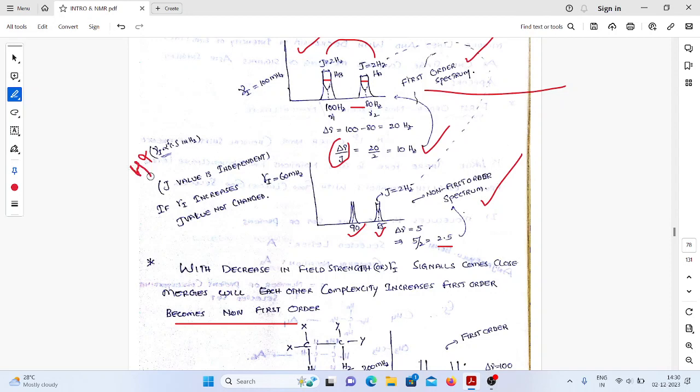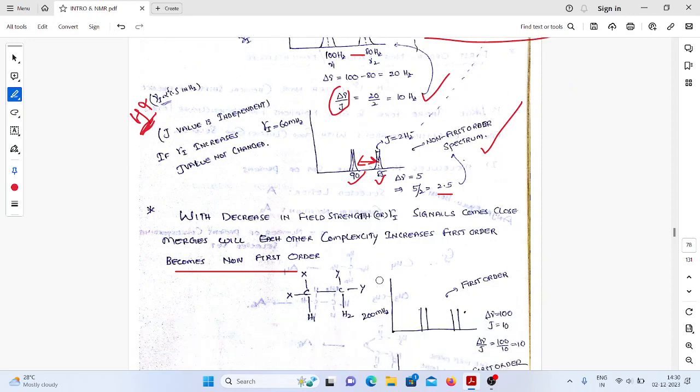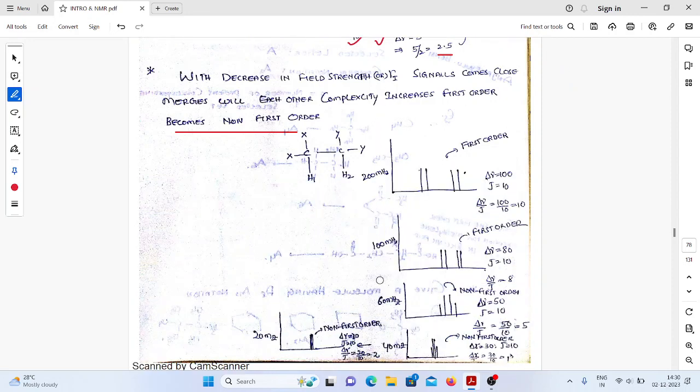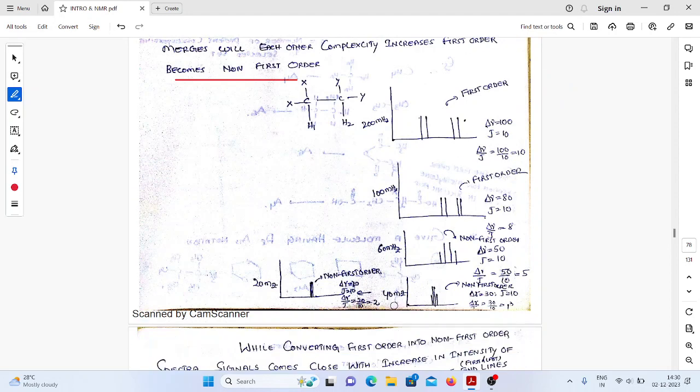Already we know that if we increase the strength of the external magnetic field, precessional frequency increases, thereby chemical shift value increases. So if you decrease the field strength, what happens? Precessional frequency decreases, thereby chemical shift values decrease. Whenever you decrease the strength of the external magnetic field, the separation between the signals decreases. The separation decreases means the signals are going to merge.